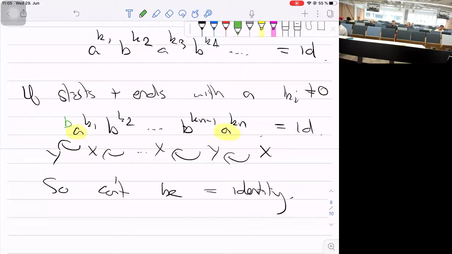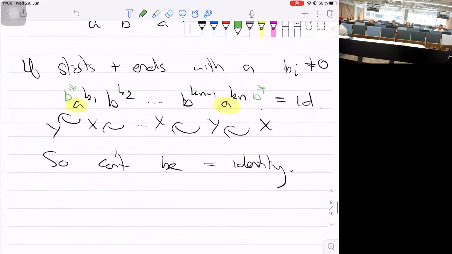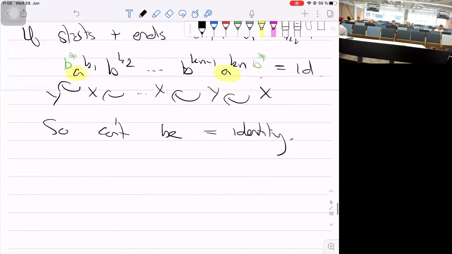You make that B to some power, and you end with a B to some power, and you'll be in the alternate set. Now, yes, that's why it's called ping pong, because you keep going back and forth between these two sets. So that deals with all of the simple, obvious issues. The only thing you have to worry about now is what happens if there's some relation that starts with an A and ends with a B.